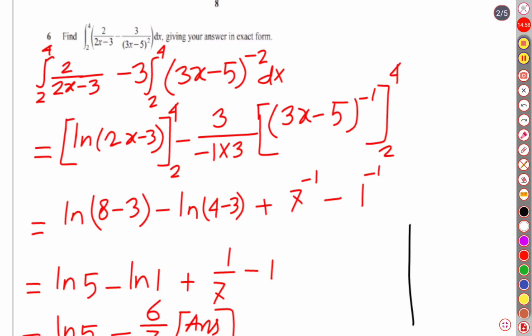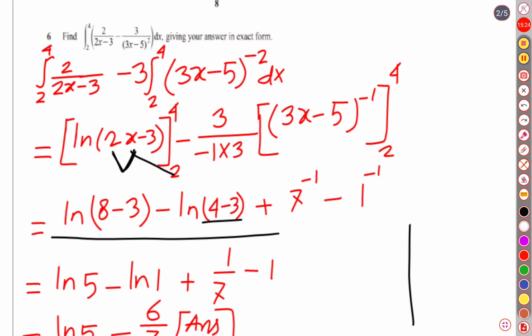We substitute the values and get ln 8 minus 3, then minus ln, since subtraction should be done when the limits are given, when the integration is definite. Then 2 twos are 4, x is equal to 2, the lower limit, so 4 minus 3.